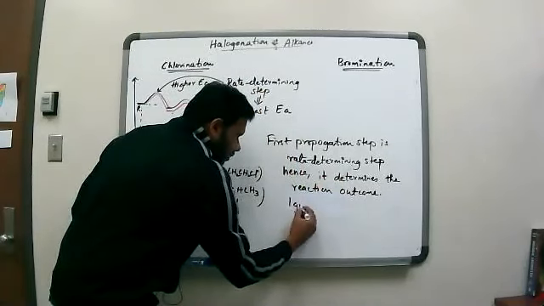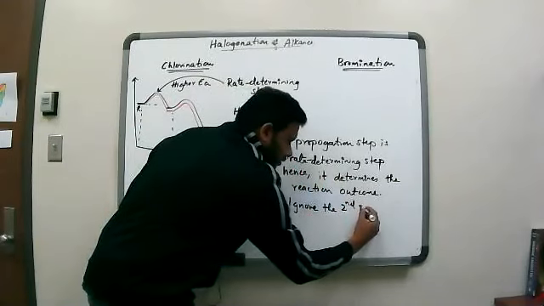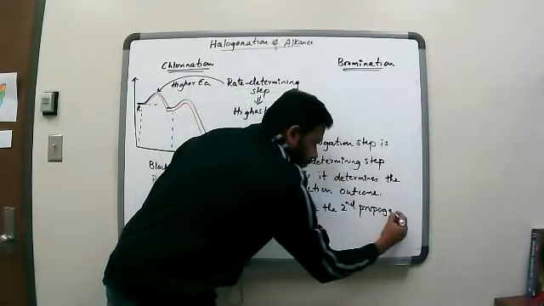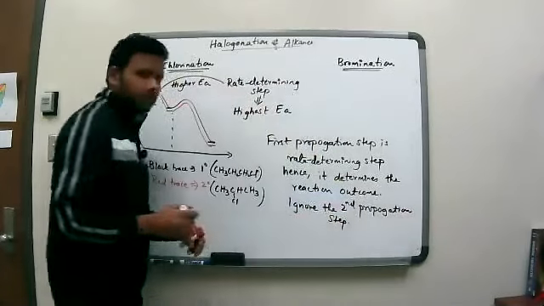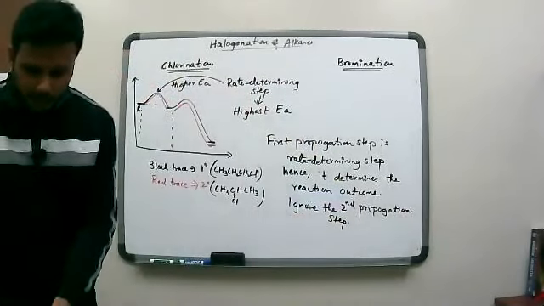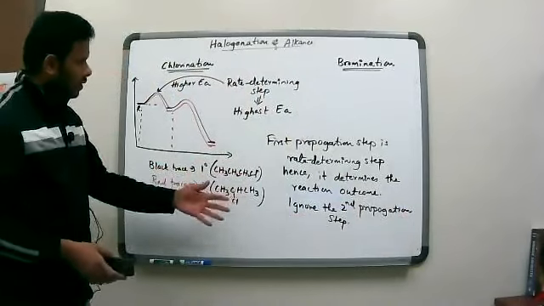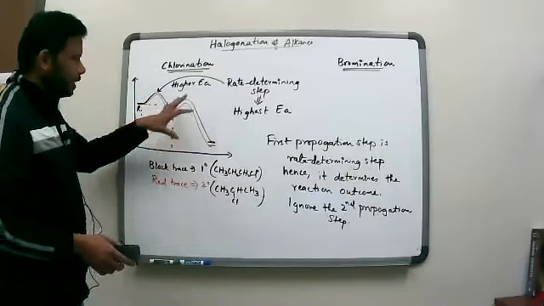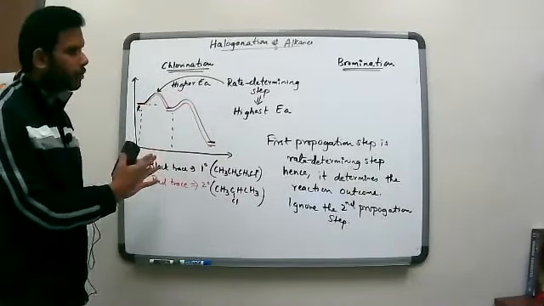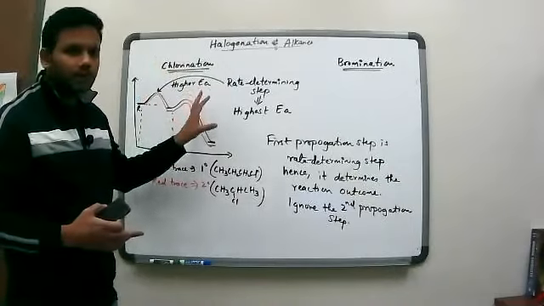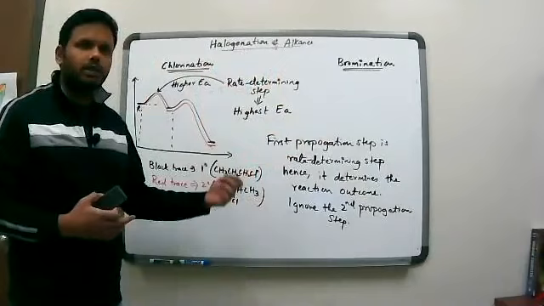So we can ignore the second propagation step. I'm going to adjust this graph, because we don't need the second propagation step here. So we can only focus on the first propagation step for chlorination and bromination and understand why bromination is more selective.